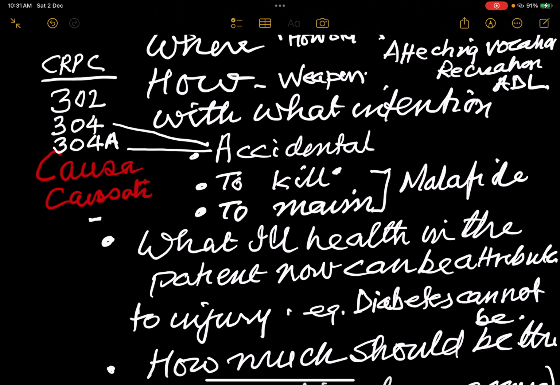Then the court wants to know what ill health in the patient can now be attributed to the injury. For example, if he has diabetes from before, that cannot be attributed to that injury. But if he has paralysis, radial nerve paralysis, that can certainly be attributed to a fractured shaft of humerus.